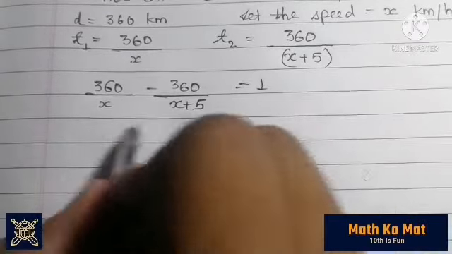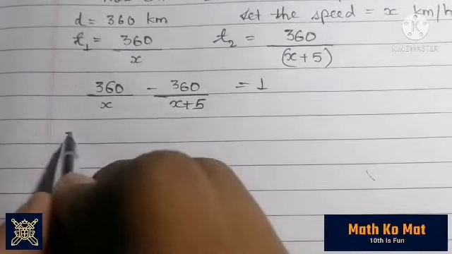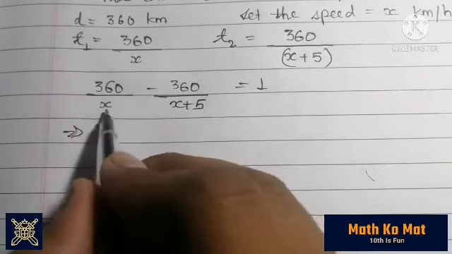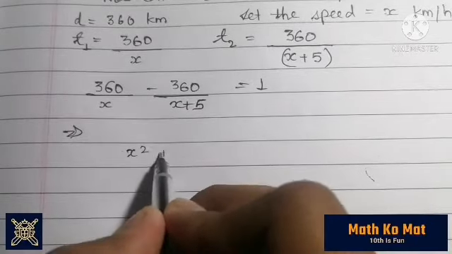Now take the LCM and operate. The denominator becomes x into x plus 5, which is x square plus 5x.